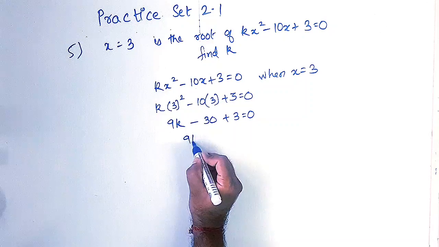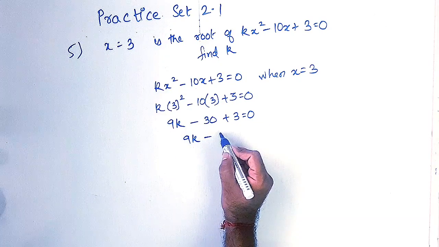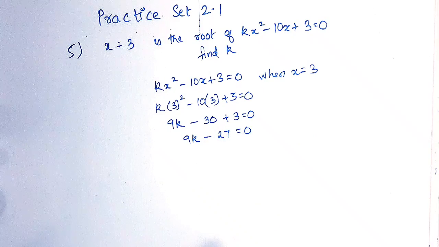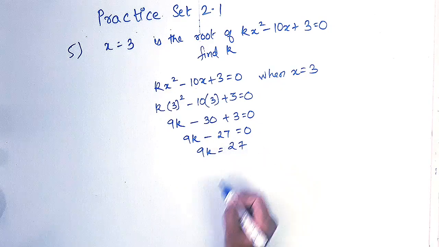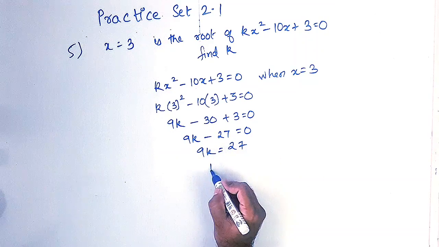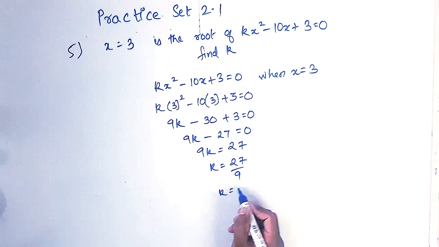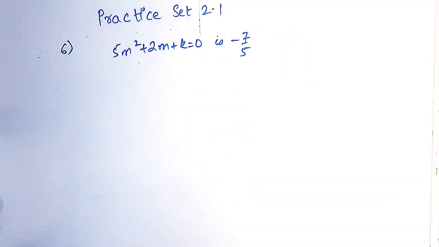Now 9k minus 30 plus 3, this becomes 27, equals to 0. So 9k equals to 27. K is equal to 27 upon 9. What is the value of k? The value of k is 3. Then we'll move on to the last sum.